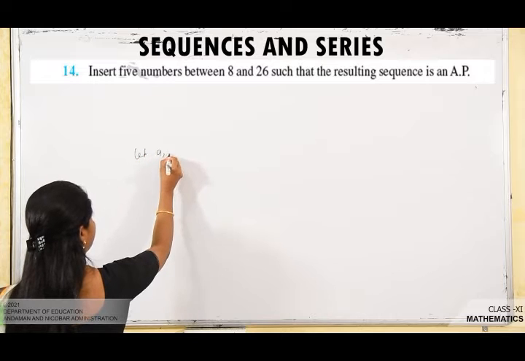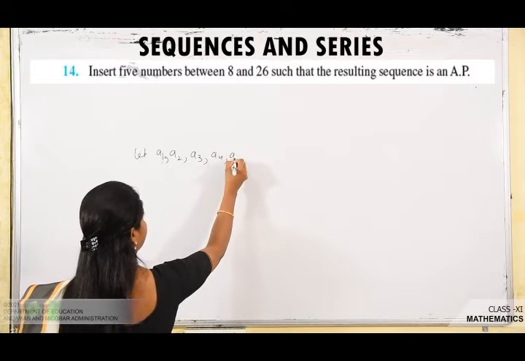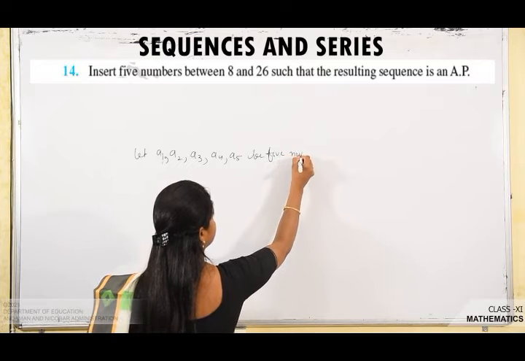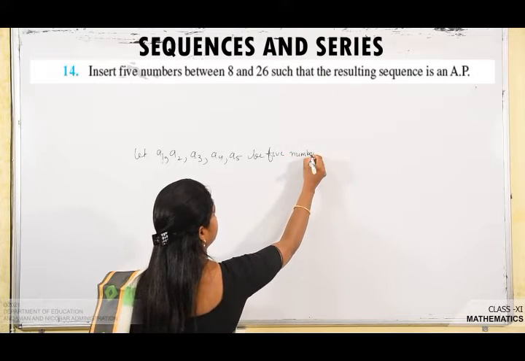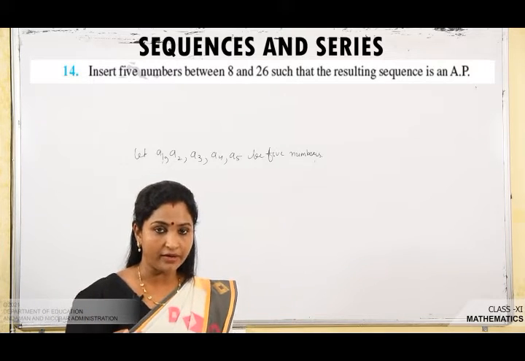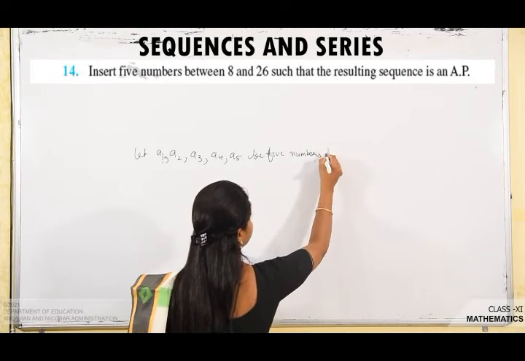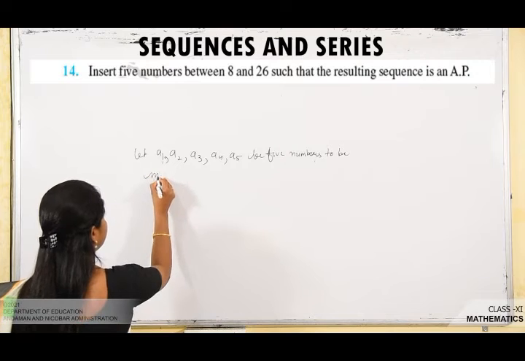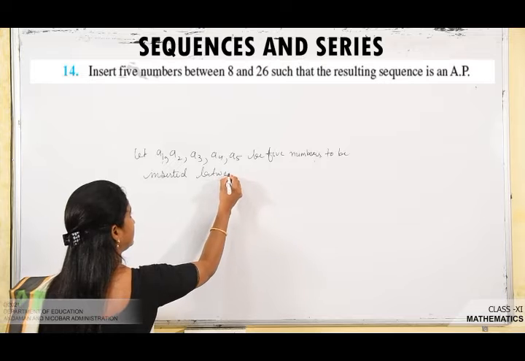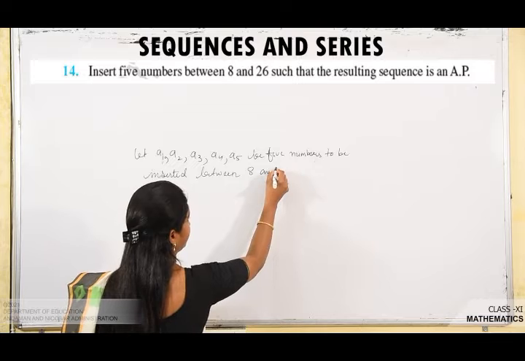Let A1, A2, A3, A4 and A5 be the 5 numbers to be inserted between 8 and 26.